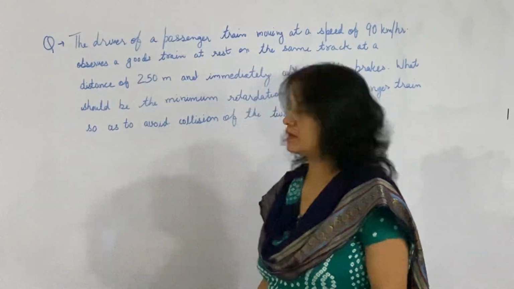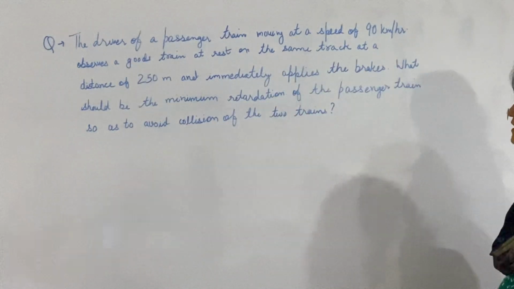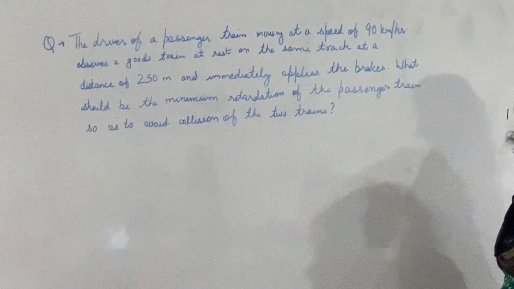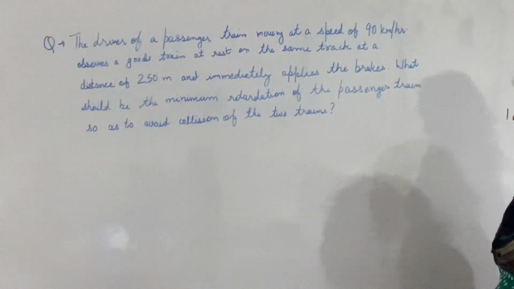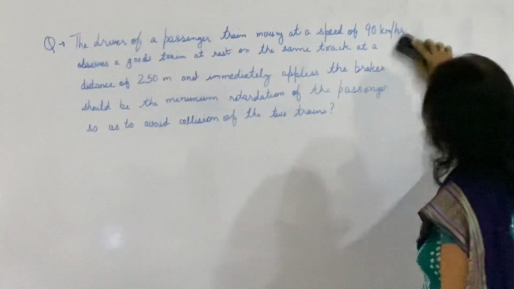So the passenger train driver immediately applies the brake. Now what you have to calculate is what should be the minimum retardation of the passenger train so as to avoid collision of the two trains.